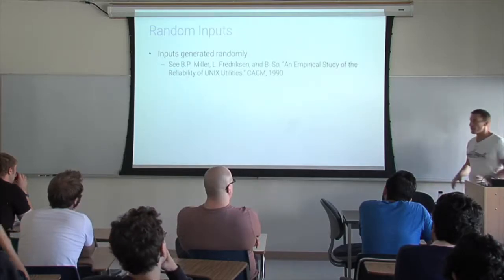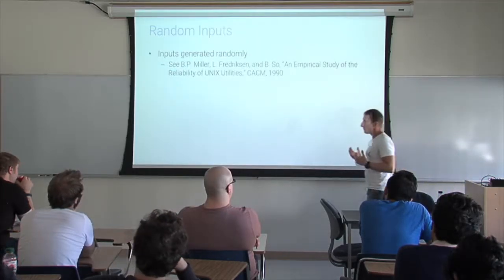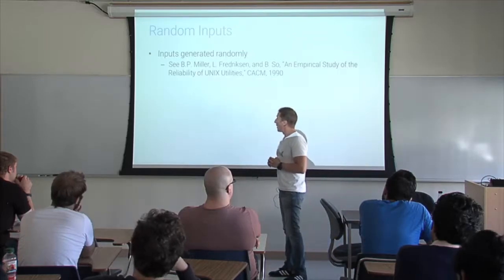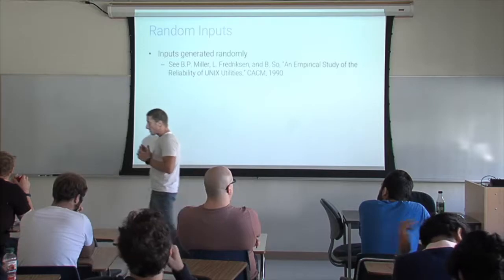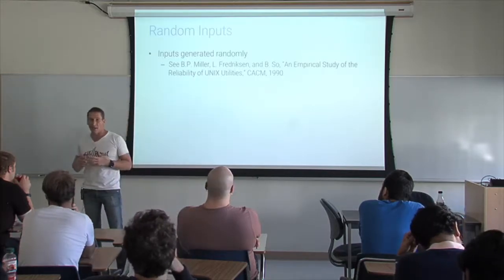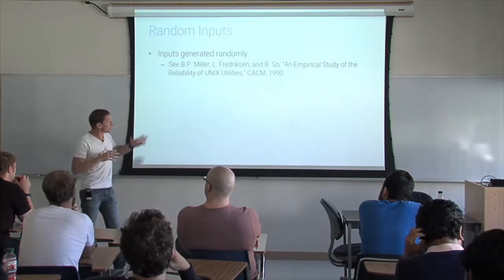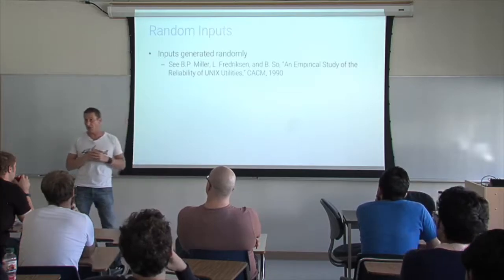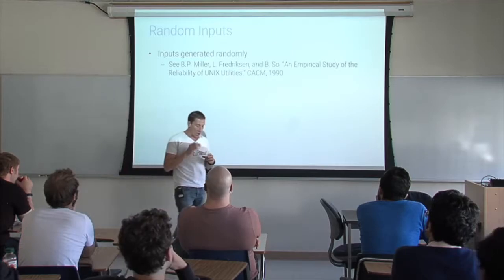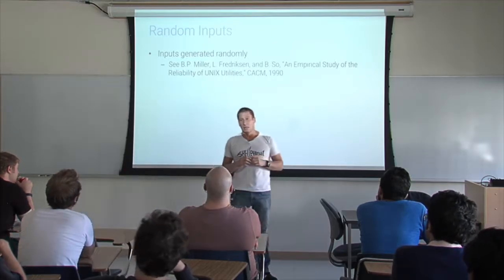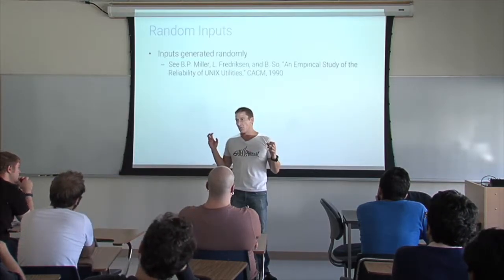So the first type of input are completely random inputs, and there is a seminal paper by Barton Miller. It was in the 90s, so we're talking about almost 30 years ago, and he was on a terminal line, like the classic dark and stormy night.